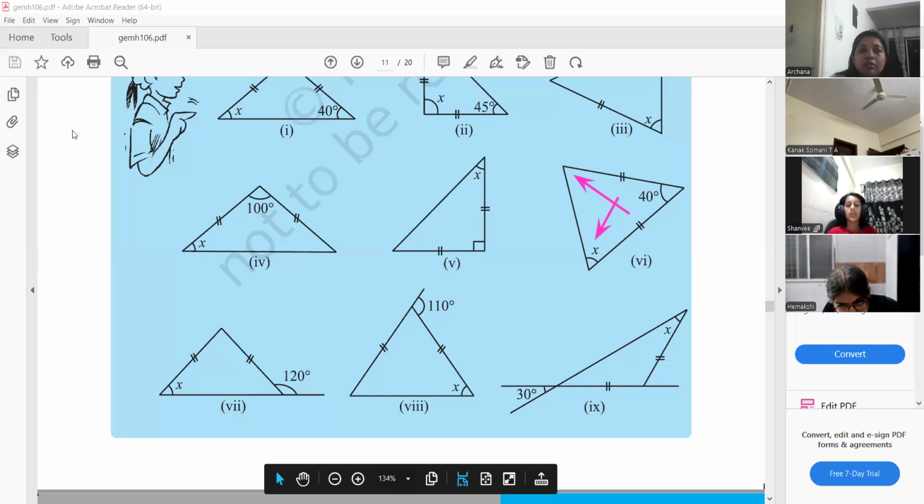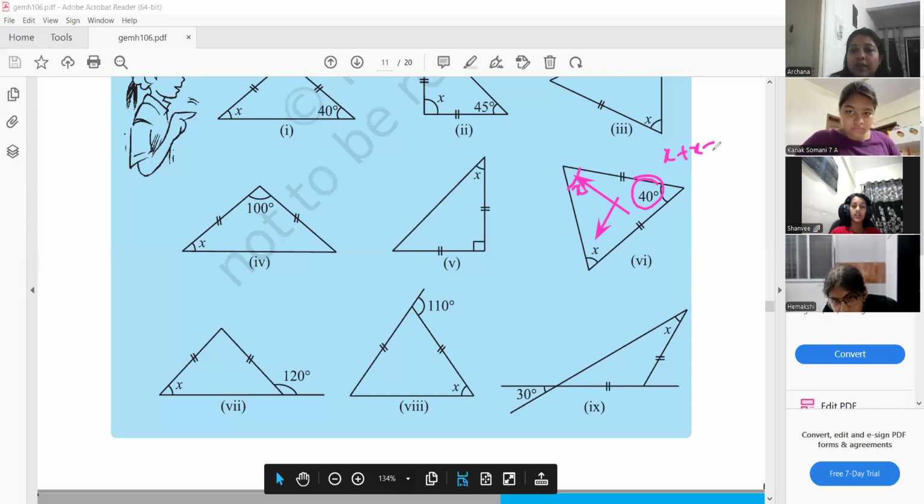So, according to that, if the other two angles are equal, and then you say that if we remove 40 from 180, correct? Then we will get 140. And if 140 is to be divided between two angles, because both the angles are equal in measure, correct?